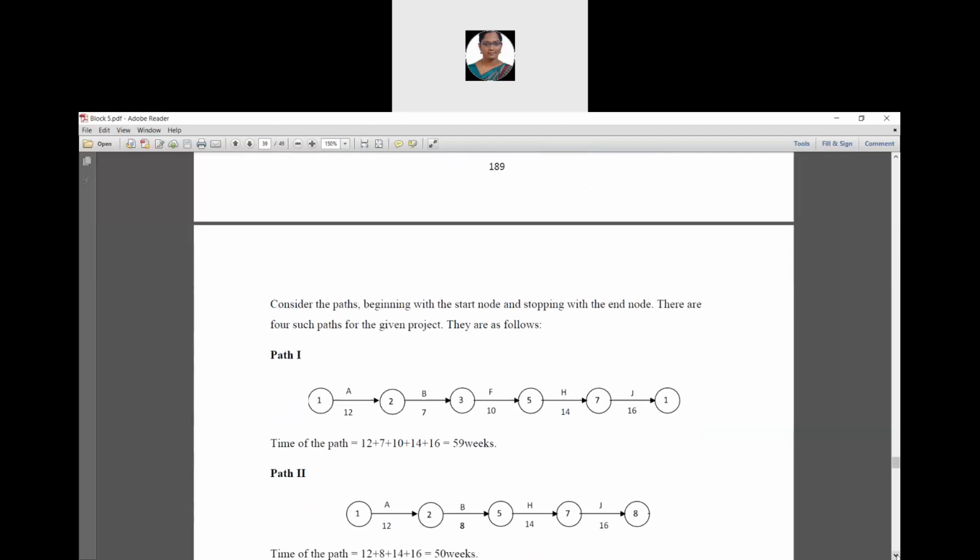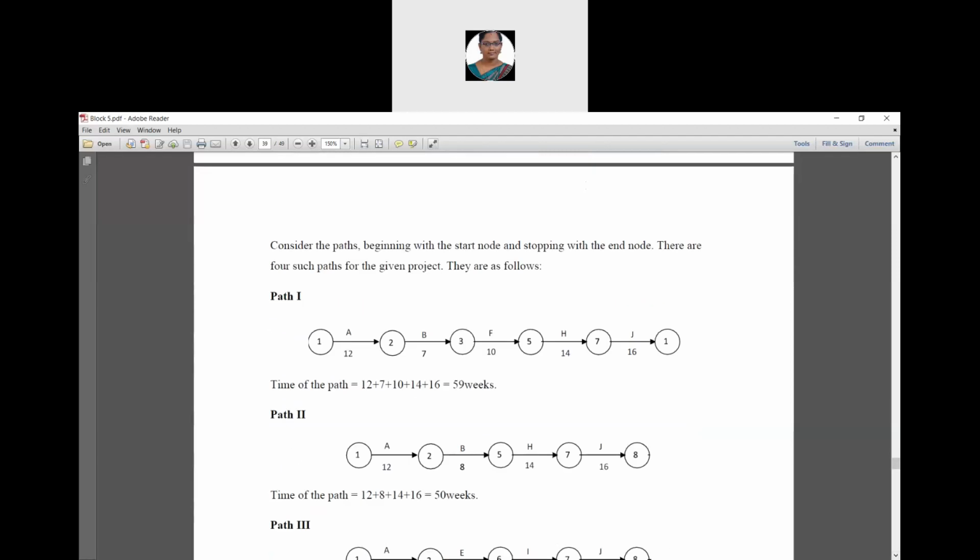So 1 to 2 is having an activity A and its time duration is 12. 2 to 3 is having an activity B and its time duration value is 7. And 3 to 5 is having an activity F and its time duration is 10. Then 5 to 7 is having an activity H and its time duration is 14.